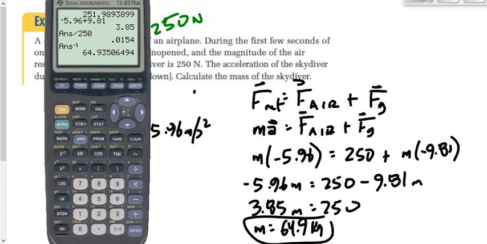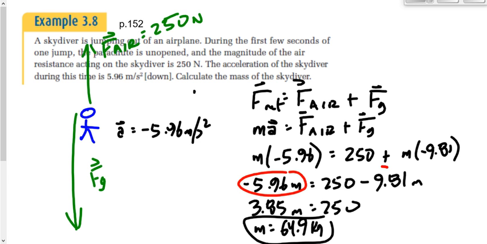How did you get the 3.85? Okay, so I have to combine these two terms, the negative 5.96 m and the negative 9.81 m, because they're both m's. I've got to get the m's together. So I've got two choices. I can take the 5.96 m to the right side, or I can take the 9.81 m to the left side.